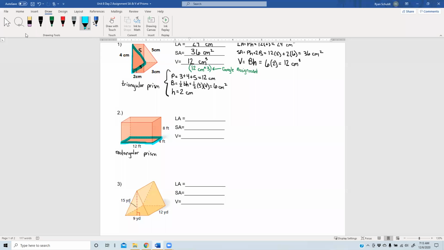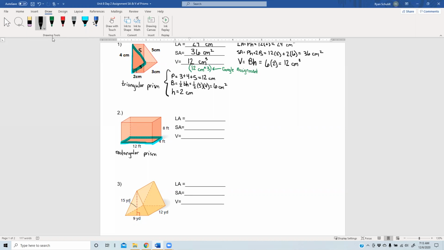That's our base. So when we find our 3 items that we're going to need for the formulas, that's the base we're going to use.